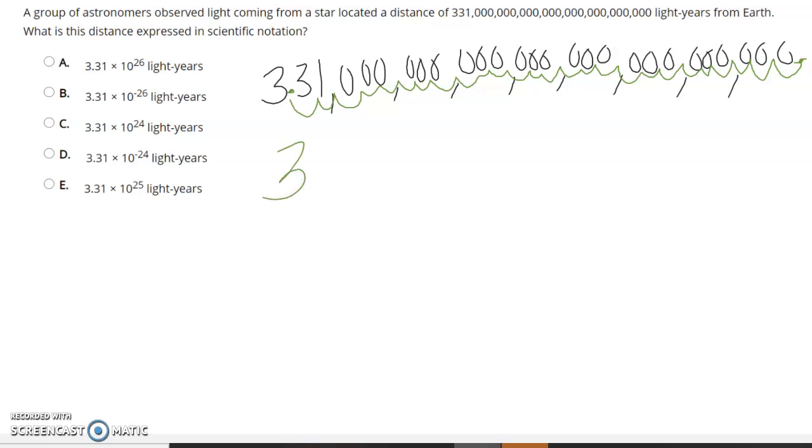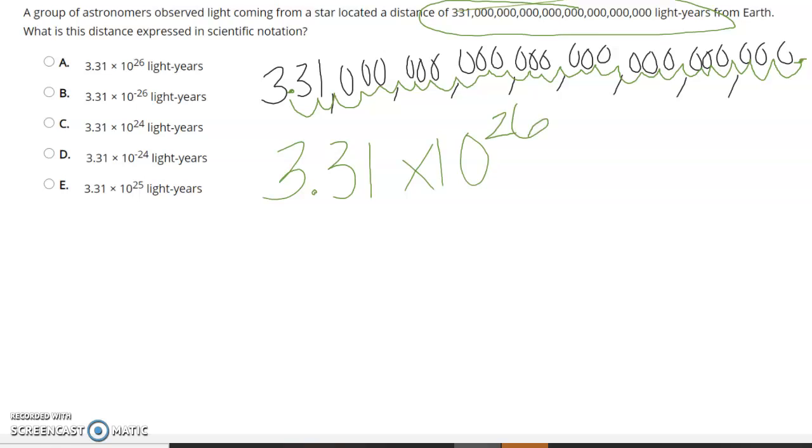As you can see here, we had to move our decimal 26 spaces so that we could have a number between 1 and 9 to the left of our decimal place. Since this number is greater than 1 whole, you have a positive exponent. So that's going to be 3.31 times 10 to the 26 power, which is A on our answers.